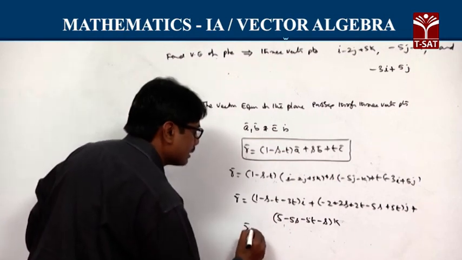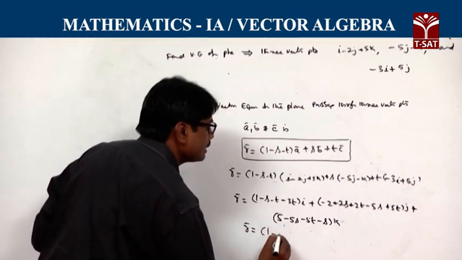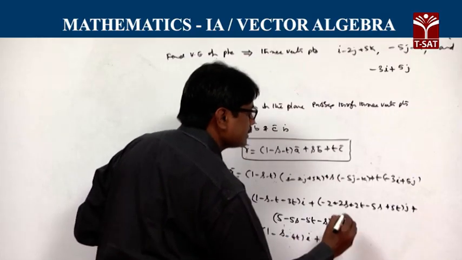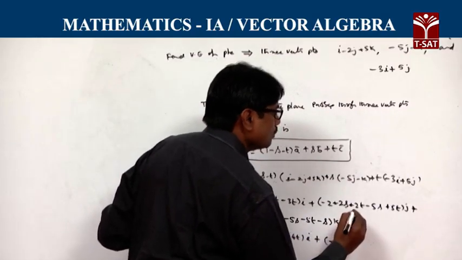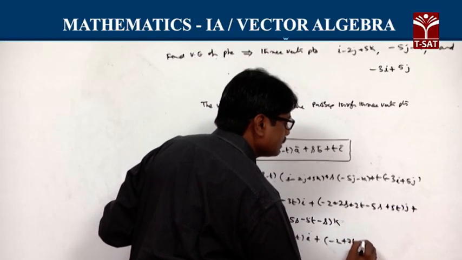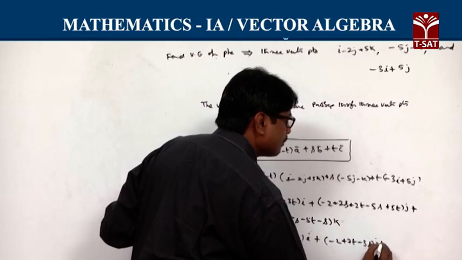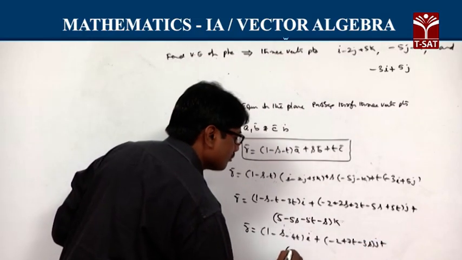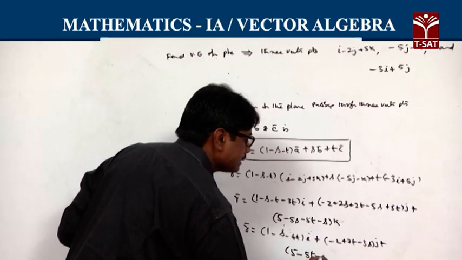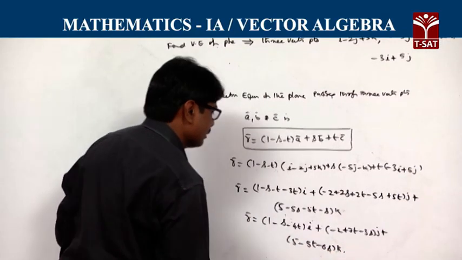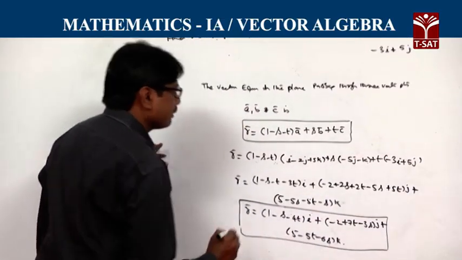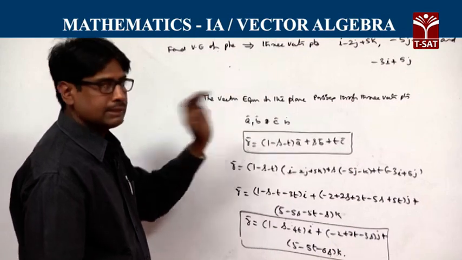That is, R bar is equal to (1 minus S minus 4T) times I bar plus (minus 2 plus 7T minus 3S) times J bar plus (5 minus 5T minus 6S) times K bar. This is the vector equation of the plane passing through three vector points A bar, B bar and C bar.